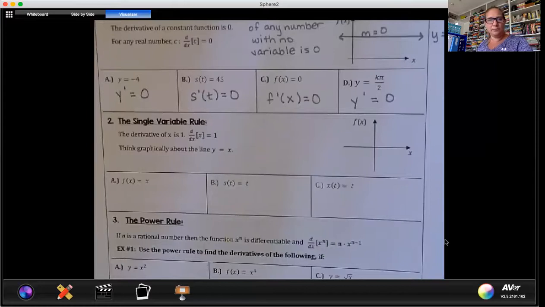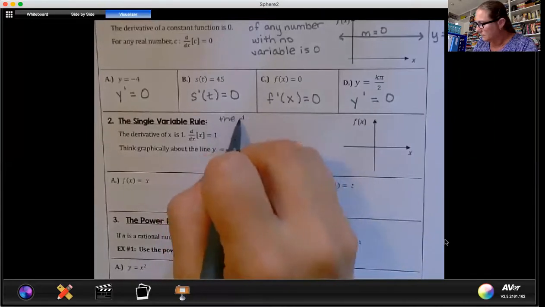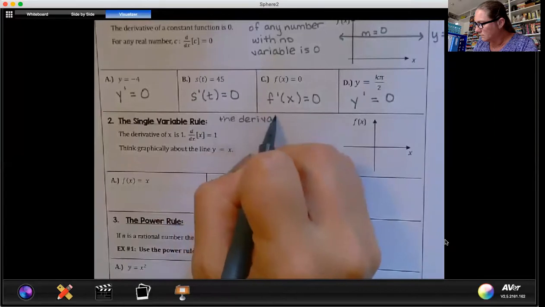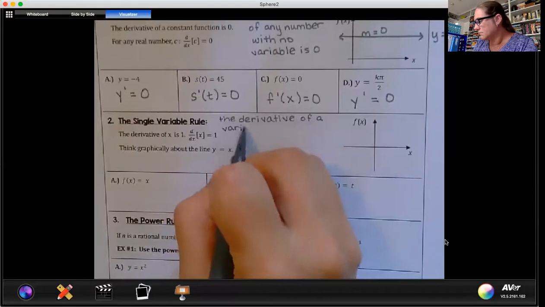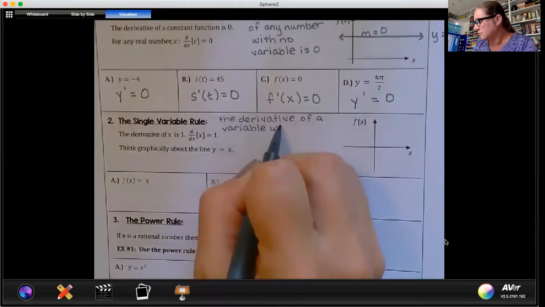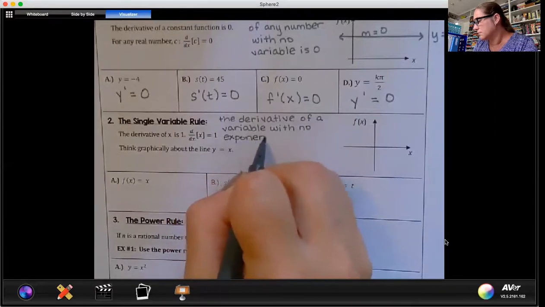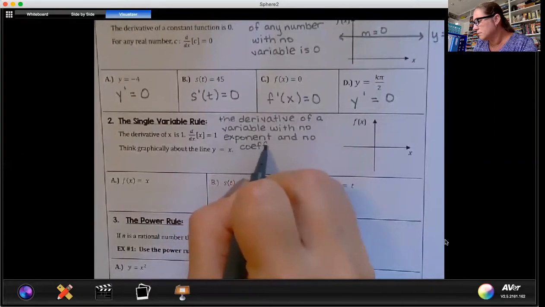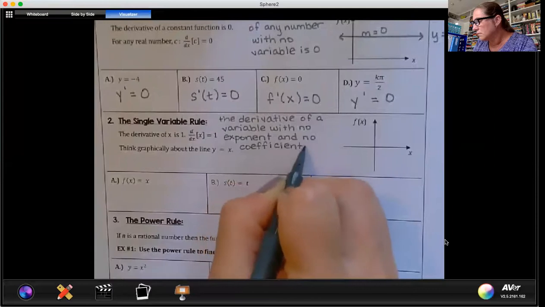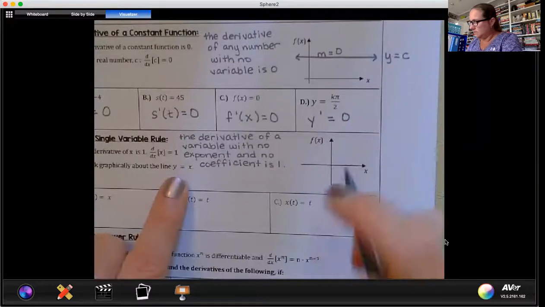The single variable rule: the derivative of a variable with no exponent and no coefficient is 1. So what does the graph of y equals x look like?